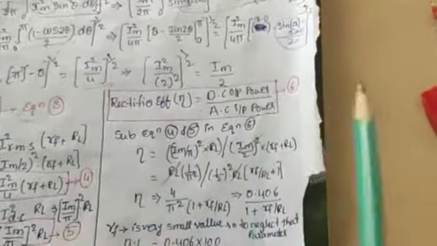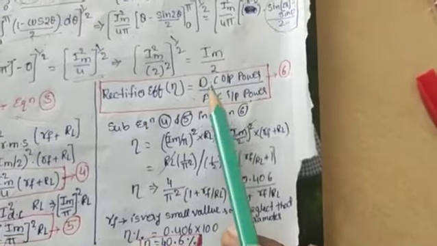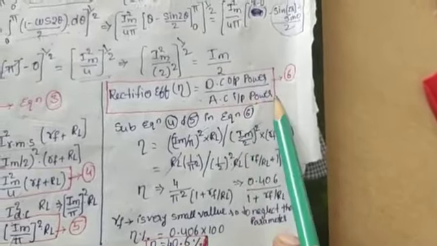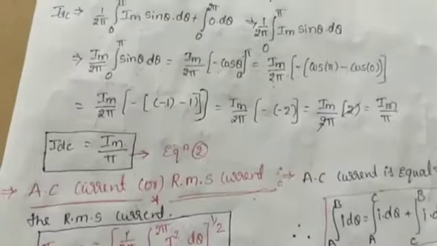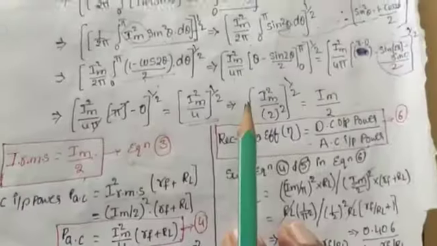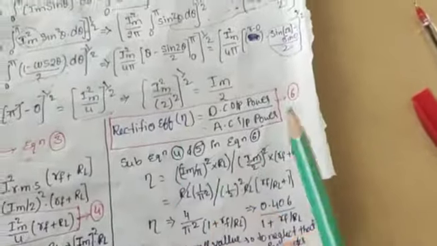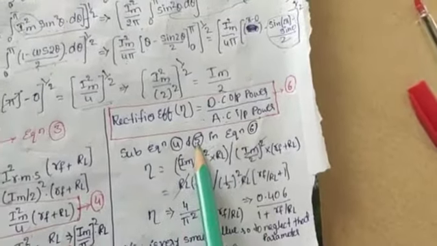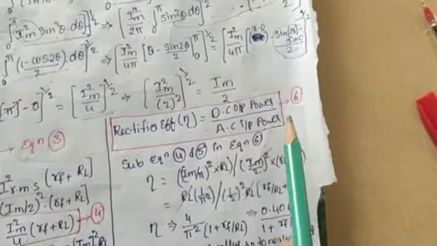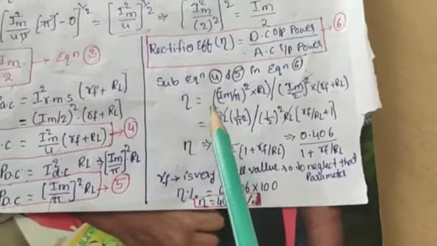Now what is our formula? The main formula is rectifier efficiency. Rectifier efficiency is equal to DC output power by AC input power. So substitute all these equations, equations 4 and 5, in equation number 6.